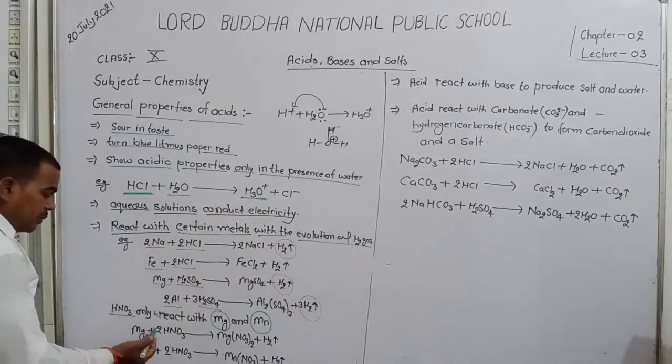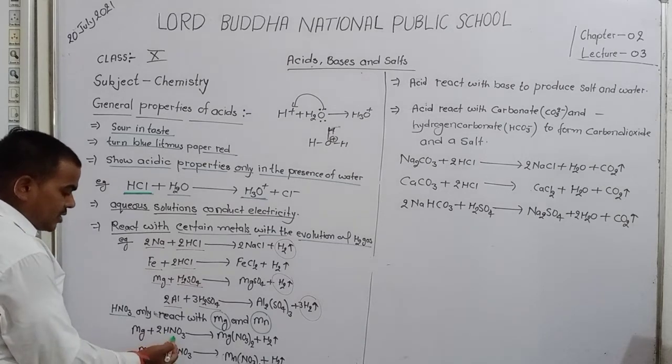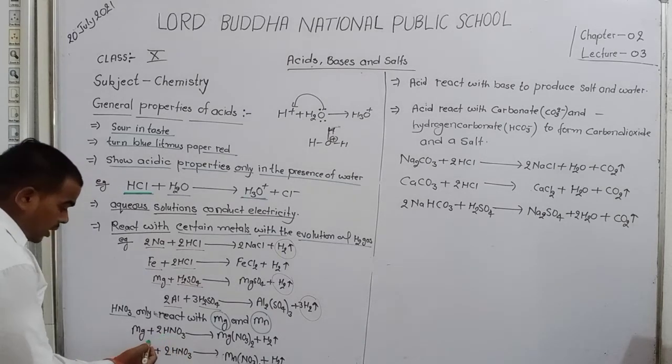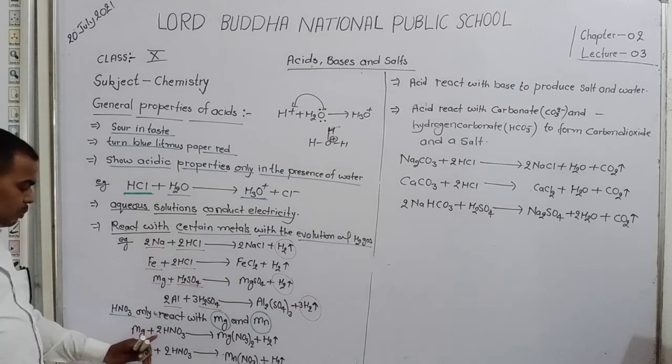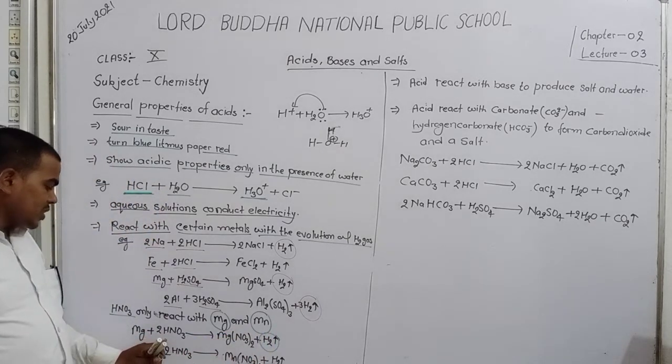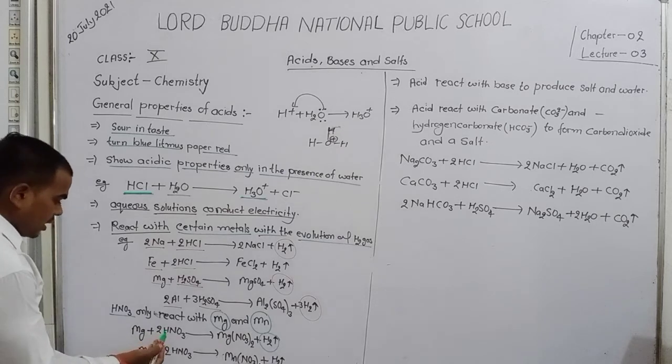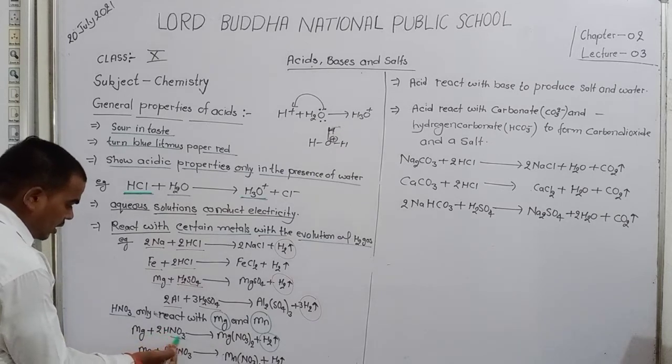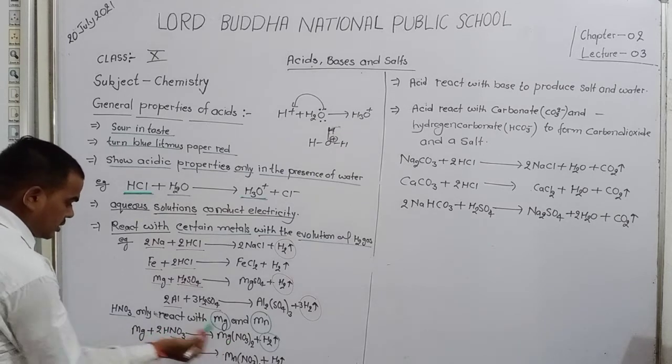When magnesium reacts with HNO3, nitric acid, it displaces hydrogen gas from the nitric acid and makes a salt. Here it makes the salt Mg(NO3)2.